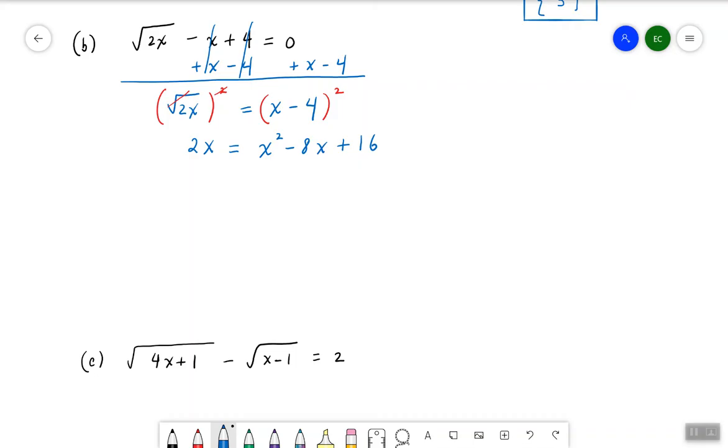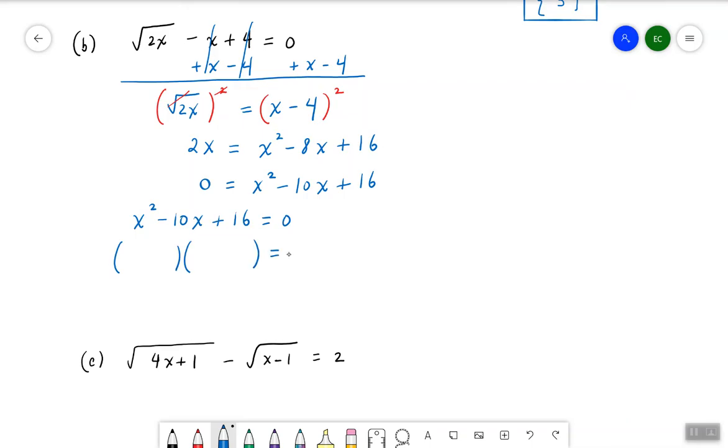We can subtract the 2x from both sides, and we'll get 0 is equal to x squared minus 10x plus 16. If you want, you can switch the two sides of the equation. I like to do that, although it's certainly not too important one way or the other.